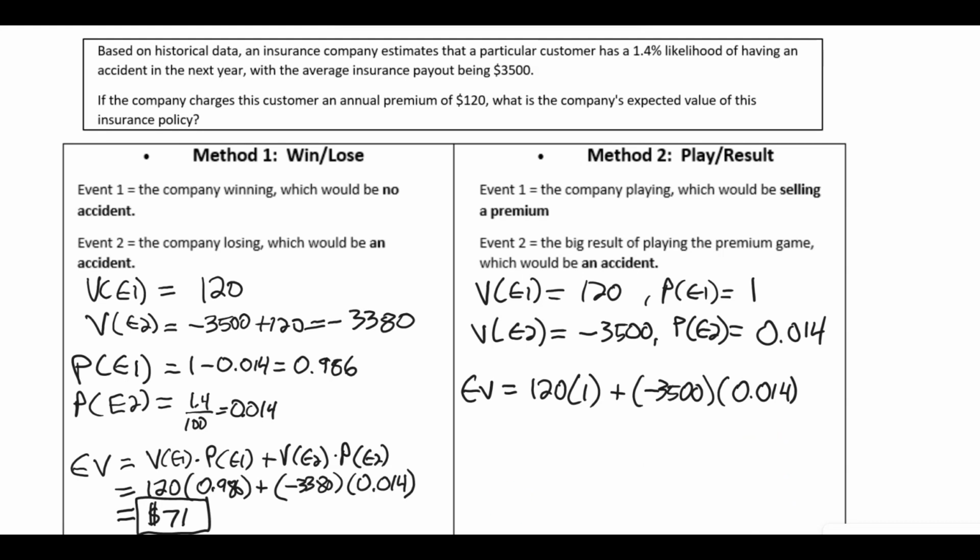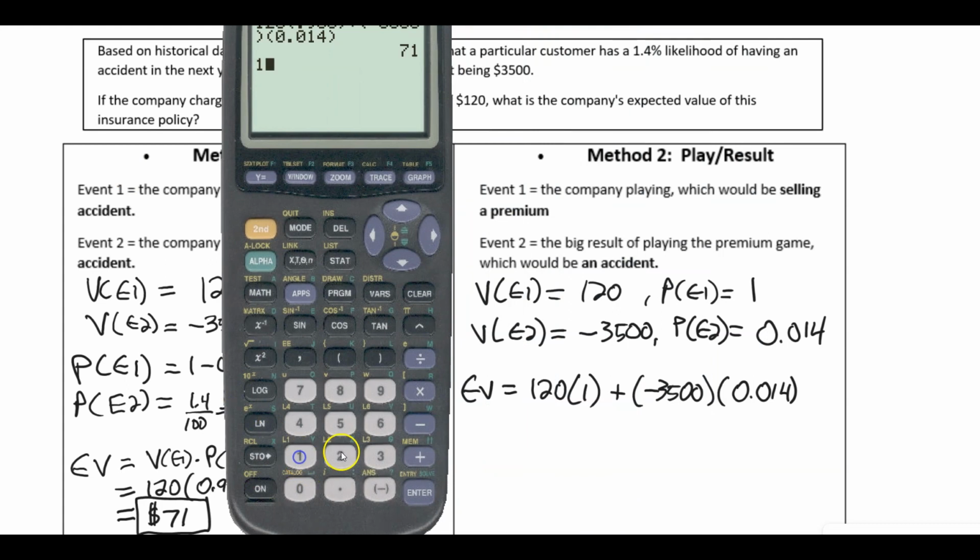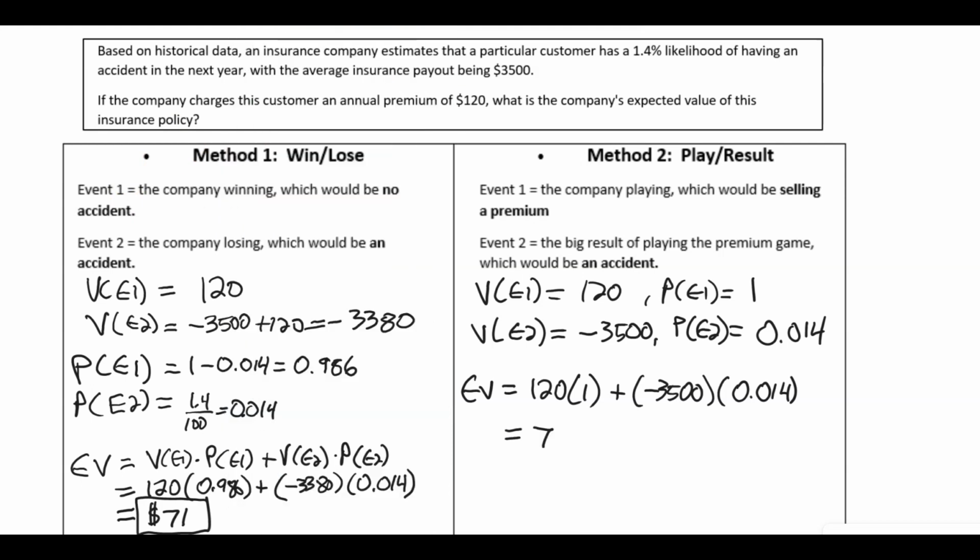And it seems so simple, but let's make sure it works. So we have 120 times 1 plus negative 3,500 times 0.014, 71. So the way this is different is we are guaranteeing that we get to keep the $120. Guaranteed that we get to keep that money.